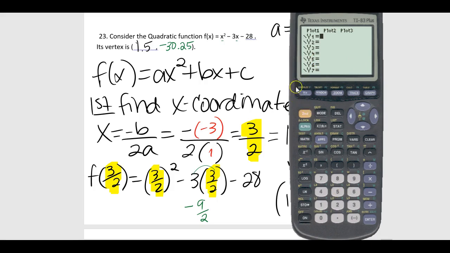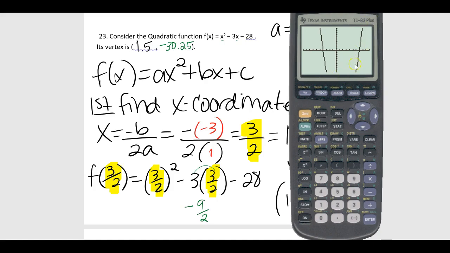So f of x is the same thing as y, so we're going to say x, here's the variable button here, x squared minus 3x minus 28. So I'm going to say graph, and then I can see my graph there.